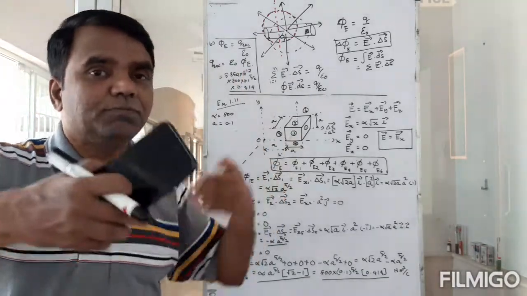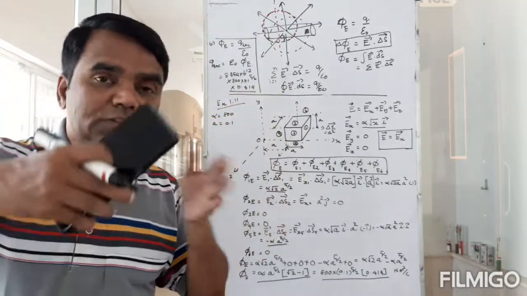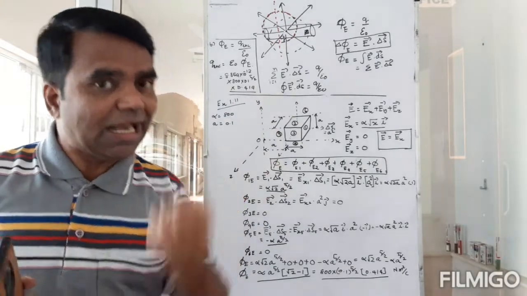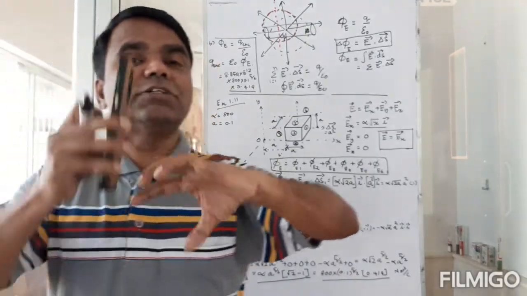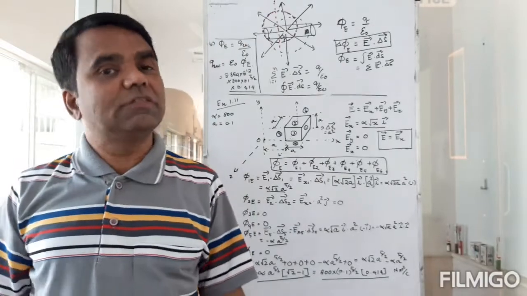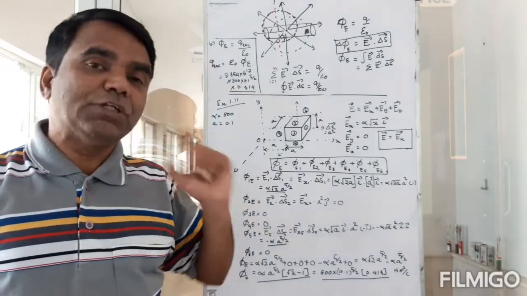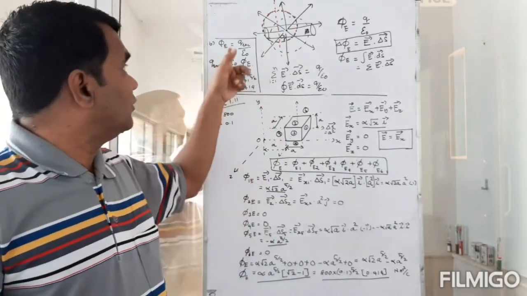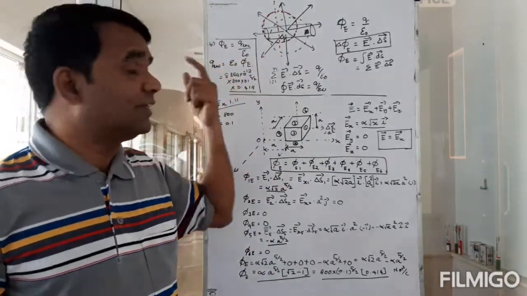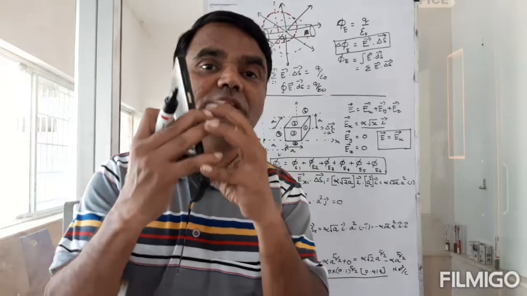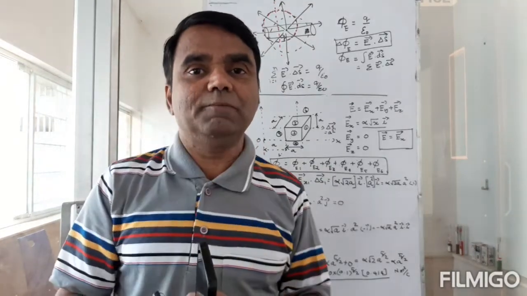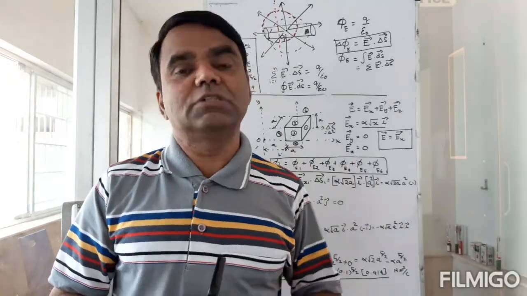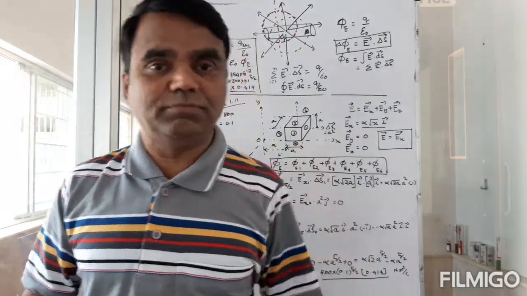So we found flux through different surfaces, added them up to find the flux through the entire closed surface, and we know that that must be equal to Q by epsilon naught, and from that we can find the charge enclosed in that surface. So this is how you do this problem. Hope this is clear to you.